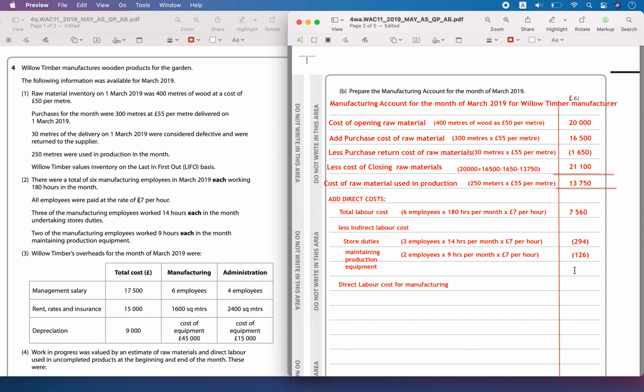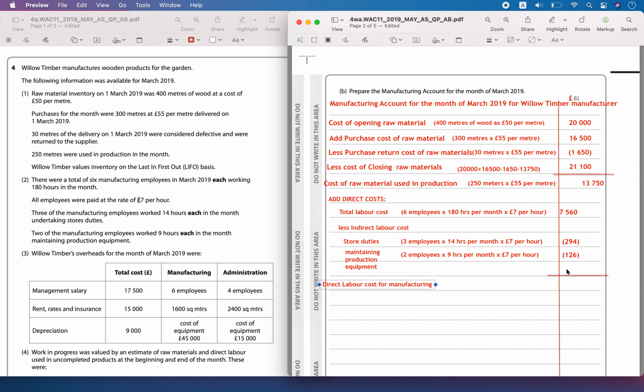Now let's calculate the direct labor cost. That only you will include, and that cost you will add along with the cost of raw materials used in the production.